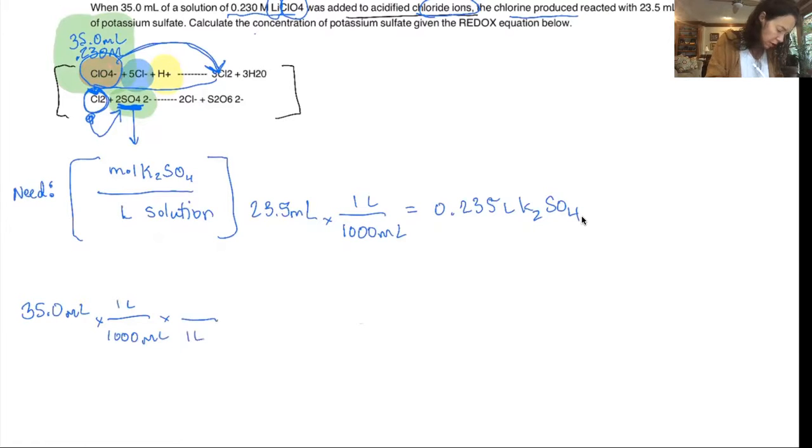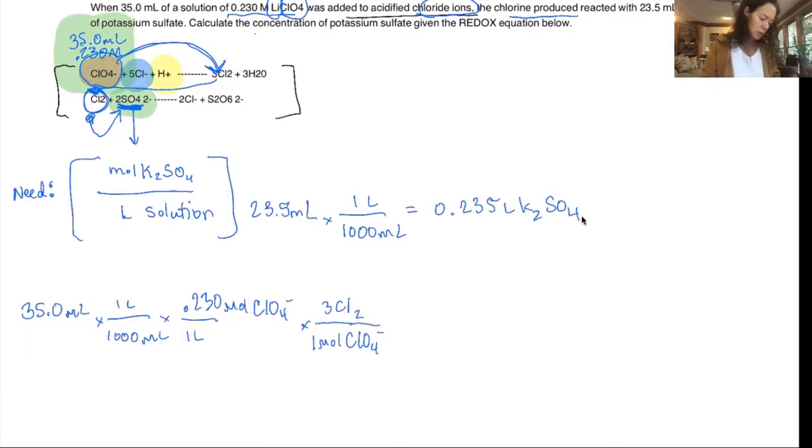Every 1 liter, according to the molarity, is 0.230 moles. Now let's get a label in here so that we don't lose ourselves. Let's do our stoichiometry. Every 1 mole, according to the equation up top, is equal to 3 moles of chloride ions.